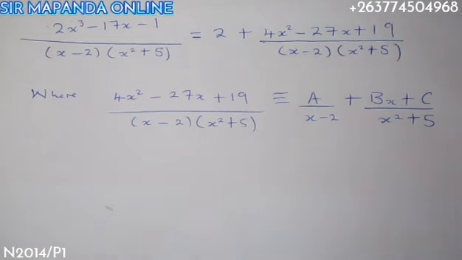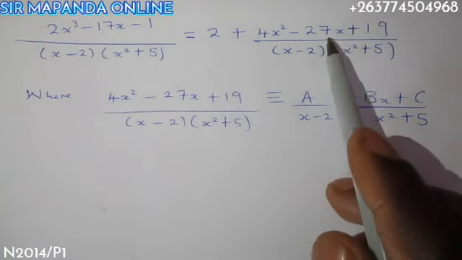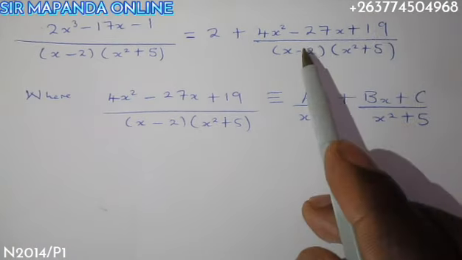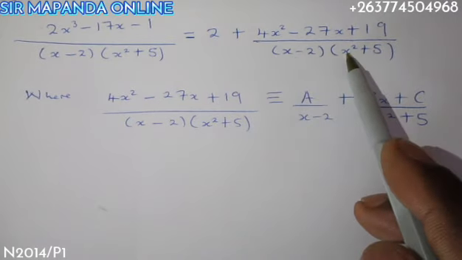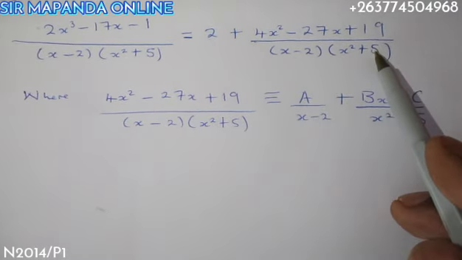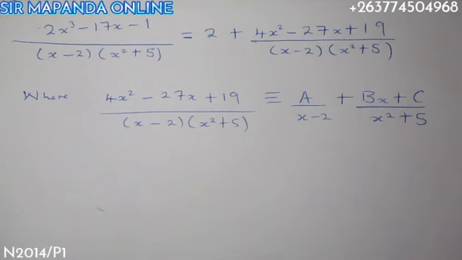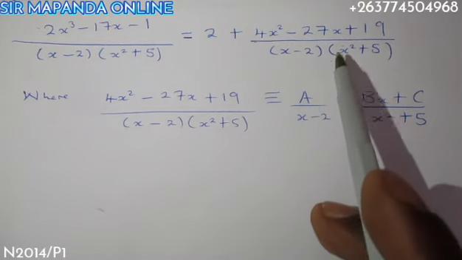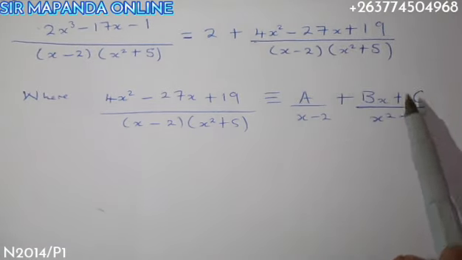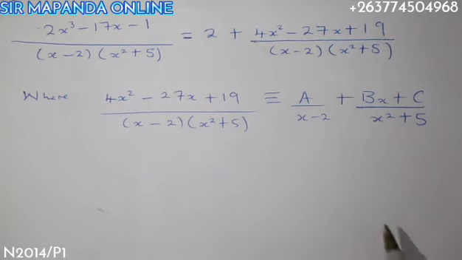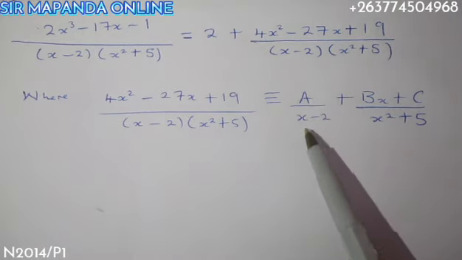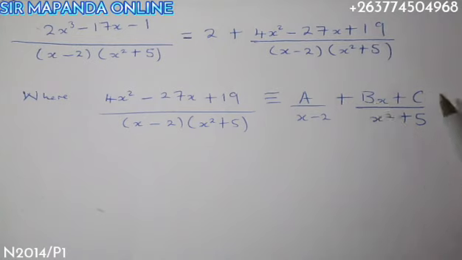So after carrying out long division, we got 2 plus 4x squared minus 27x plus 19 over x minus 2 times x squared plus 5. Then we expressed this second term into partial fractions using the identity a over x minus 2 plus bx plus c over x squared plus 5.